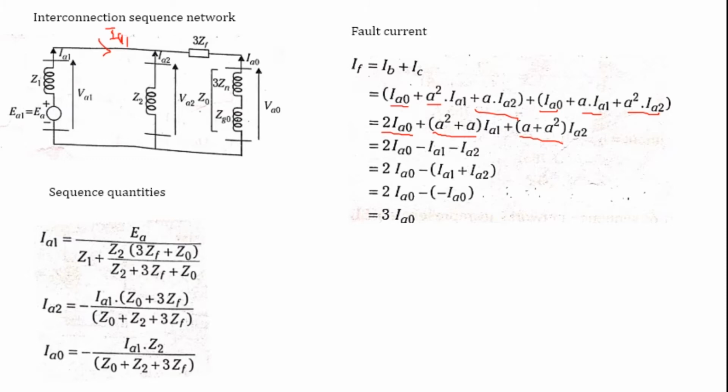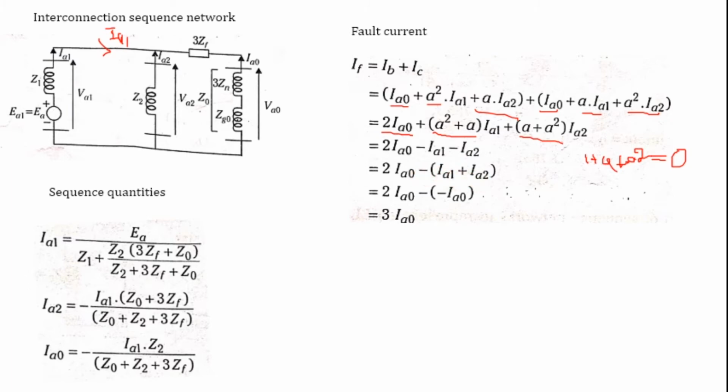We know that 1 plus a plus a squared is equal to 0, hence a plus a squared can be written as minus 1, so this becomes minus Ia1 and minus Ia2. Minus is common: Ia1 plus Ia2.